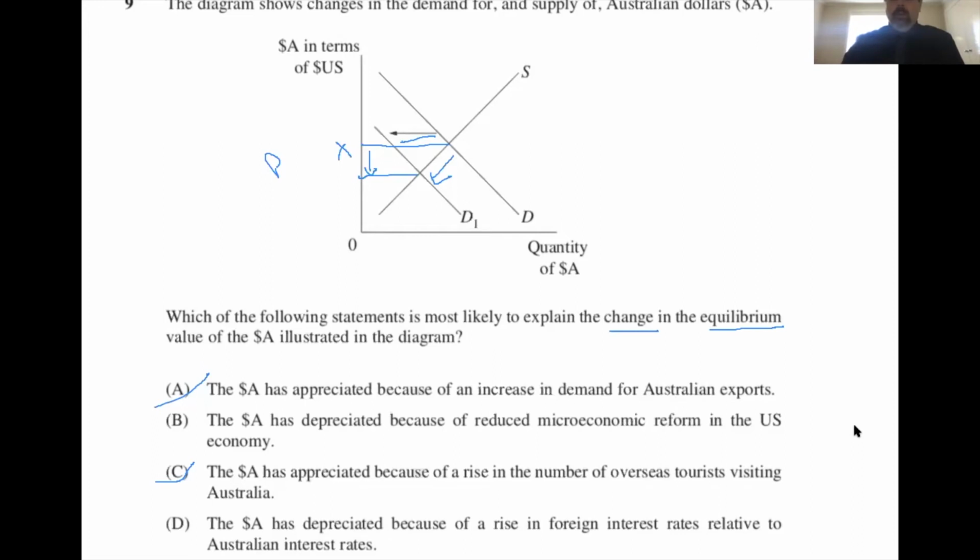So in looking at this particular question, it looks like D is the stronger answer, because there'll be less capital inflow as investors reduce the inflow into Australia and seek higher interest rates overseas.